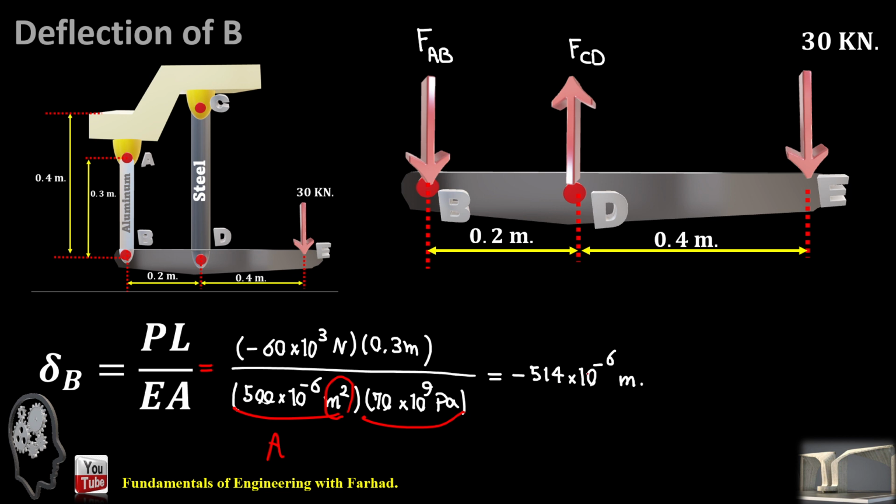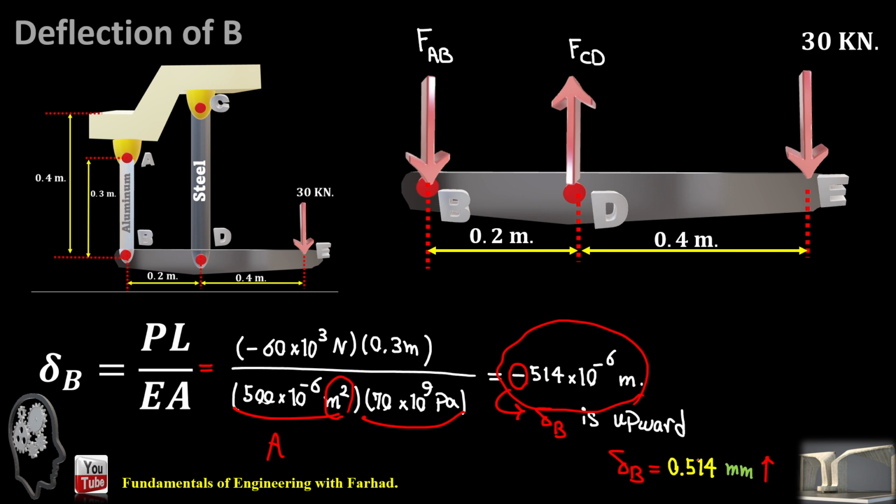You can reach this numeric value, and negative is just upward, and delta B is 0.514 millimeters upward as we expected. This is a negative change in length, and CD is a positive change in length. So it just moves upward. It just says AB shrinks.